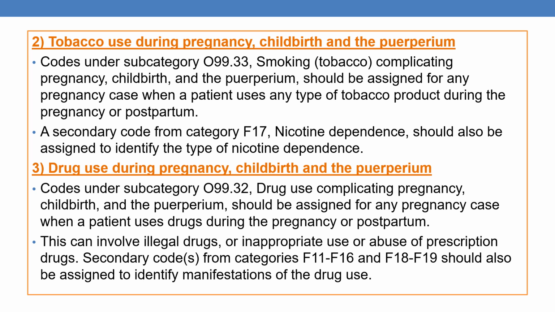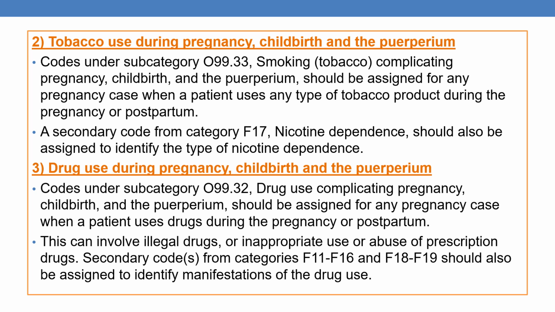Next, drug use during pregnancy, childbirth and puerperium. The codes from the subcategory O99.32, 33 for tobacco, 32 for drug use. O99.32, drug use complicating pregnancy, childbirth and puerperium, should be assigned for any pregnancy case when a patient uses drugs during the pregnancy or postpartum.